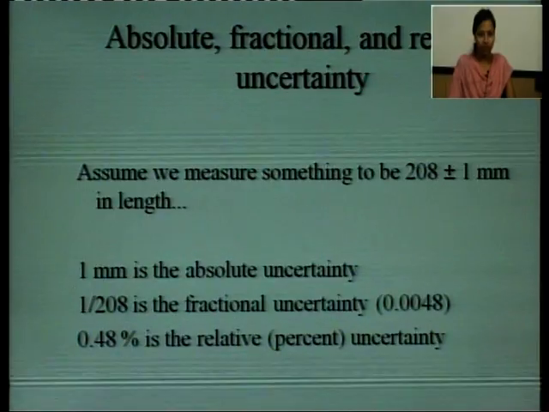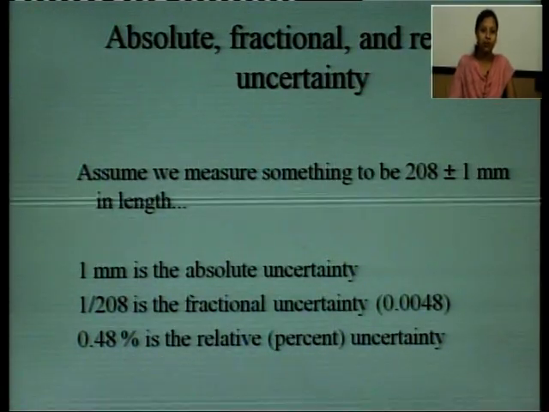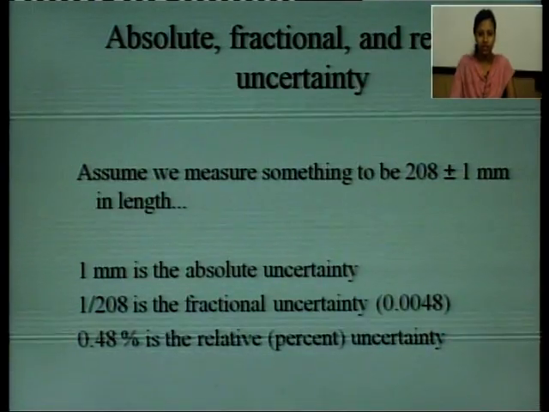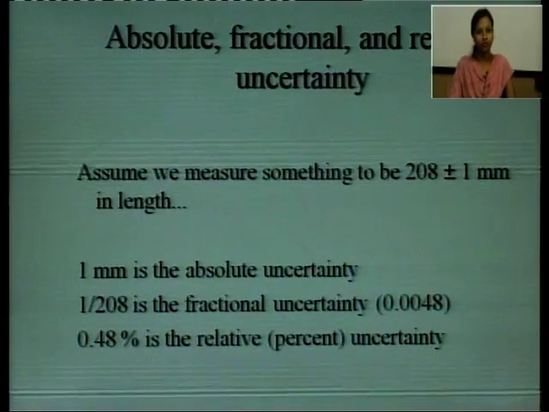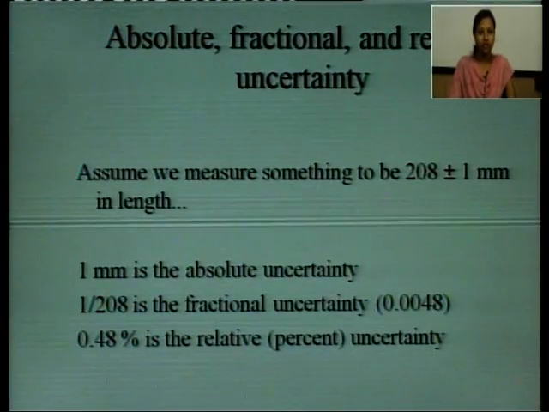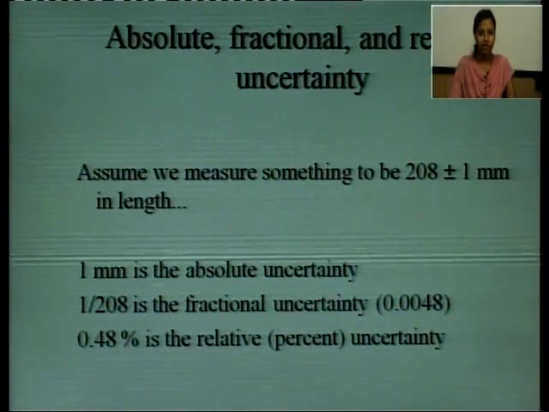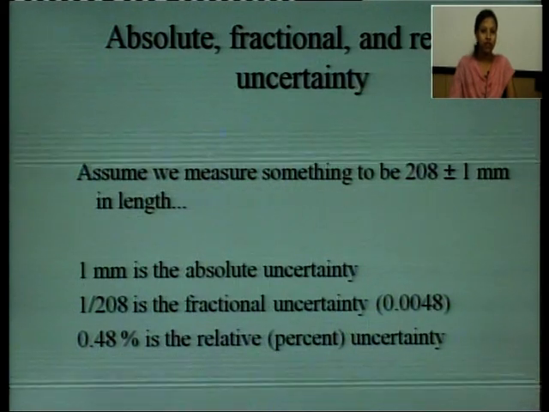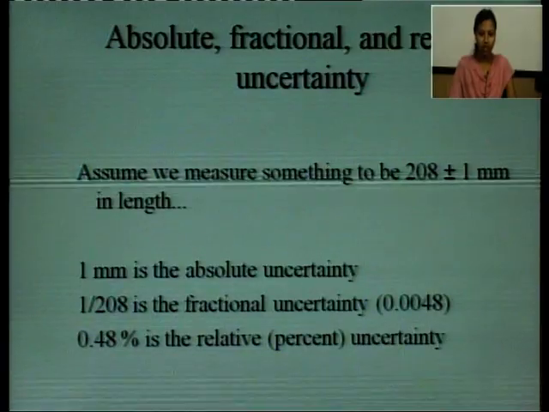Next, we can easily calculate the fractional uncertainty. Depending upon that, we can say whether the measurement is accurate or not. In the first measurement, 208 plus minus 1 mm, 1 mm is the absolute uncertainty, and the fractional uncertainty is 1 divided by 208, which is equal to 0.0048.